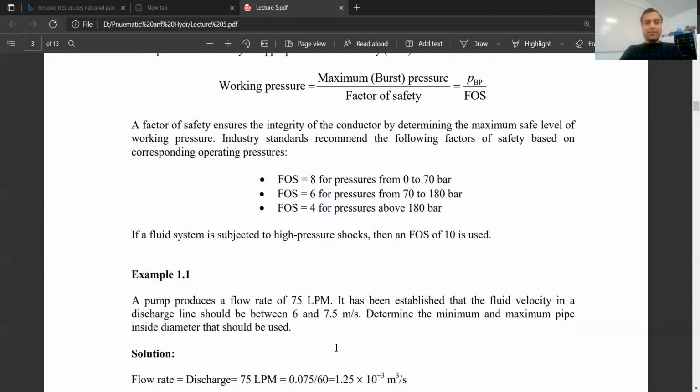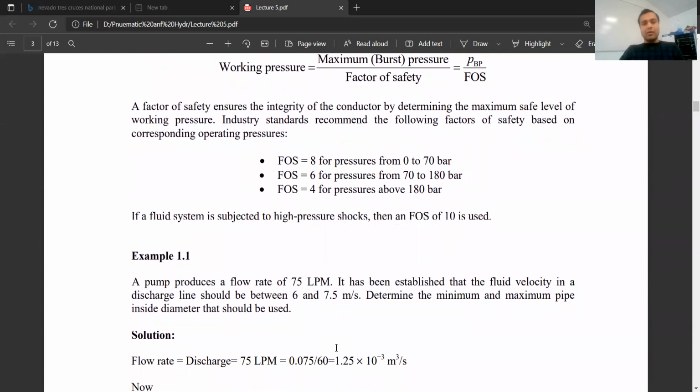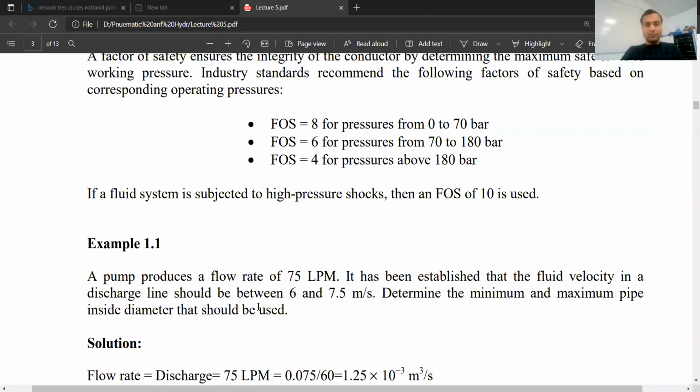Okay, let's have a look at that one. So if you write it down, please, the question. LPM stands for liters per minute.